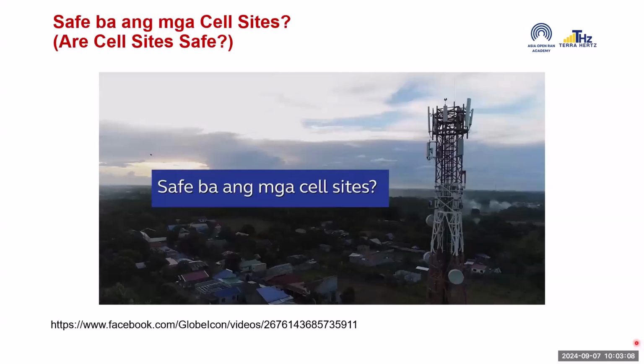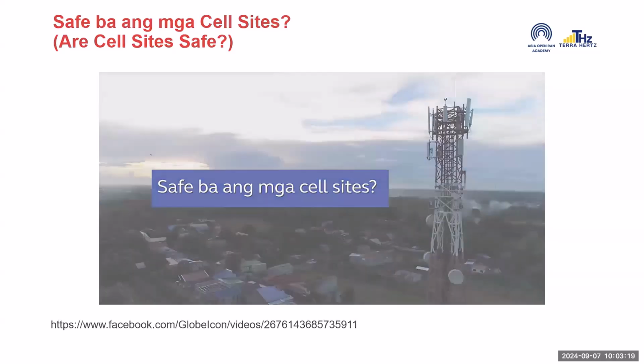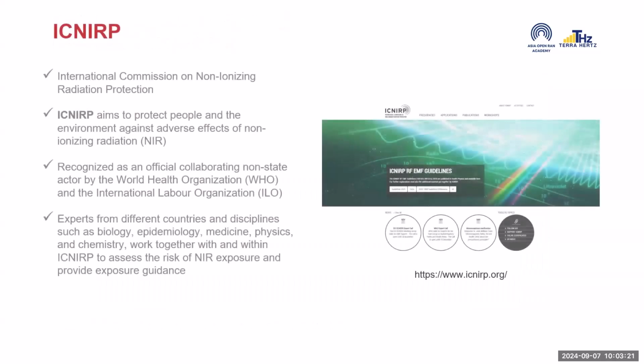So not only the DOH, right? In the international community, there is of course a lot of study about this effect. One of the organizations that handles this is the International Commission on Non-Ionizing Radiation Protection.